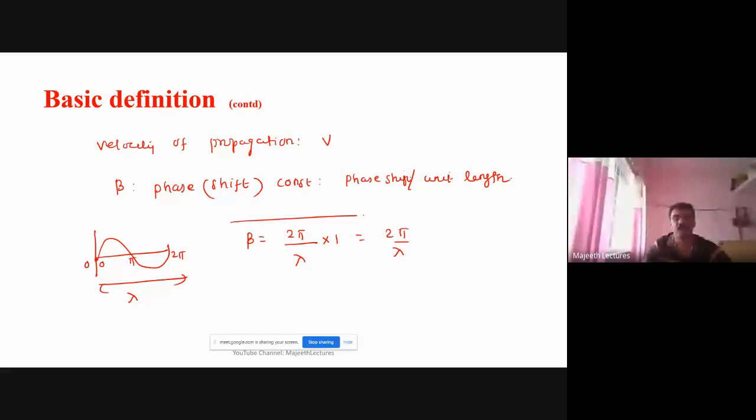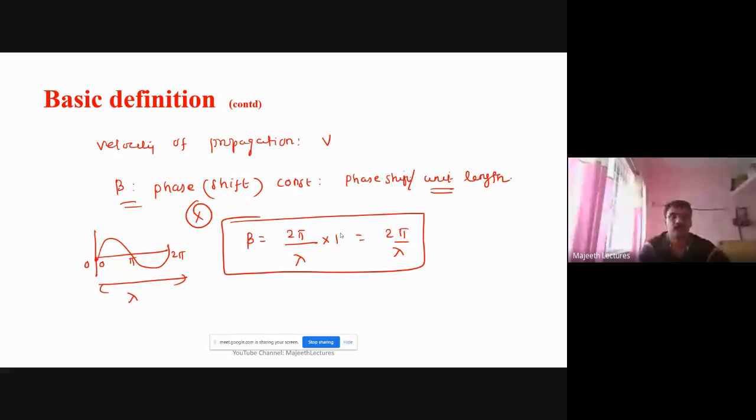This is a very, very important equation. For wavelength lambda, phase shift is 2 pi. What about phase shift per unit length? That is 2 pi by lambda, giving beta, the phase shift constant. So beta is equal to 2 pi by lambda. This formula we will use widely in the GATE exam.